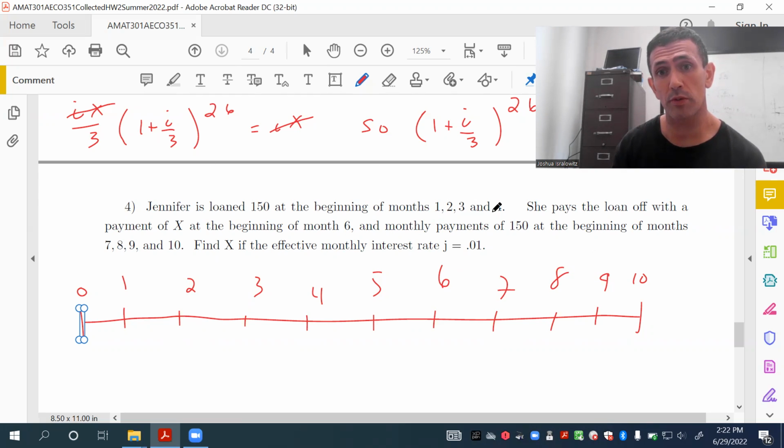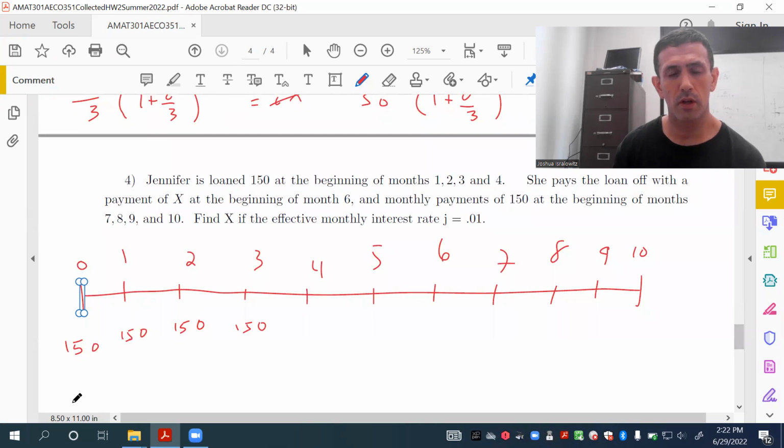Beginning of months 1, 2, 3, and 4 is 0, 1, 2, 3. So month 1 is 0 to 1. Month 2 is 1 to 2. The beginning of month 1 is 0. If you screw that up, it's not a huge deal. I won't take off too much.